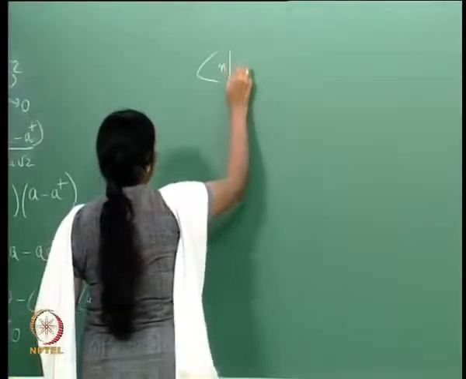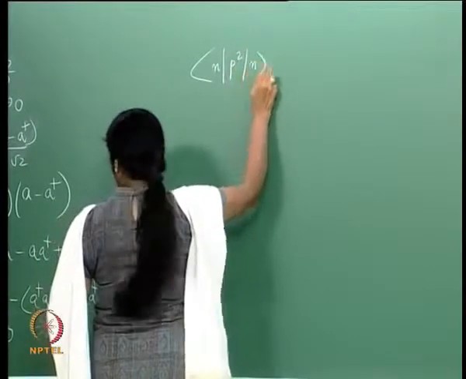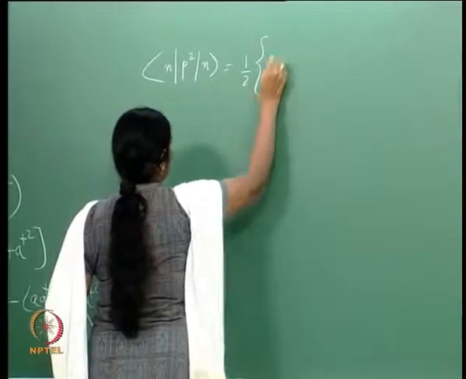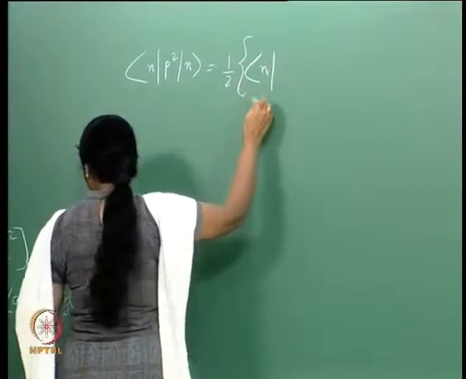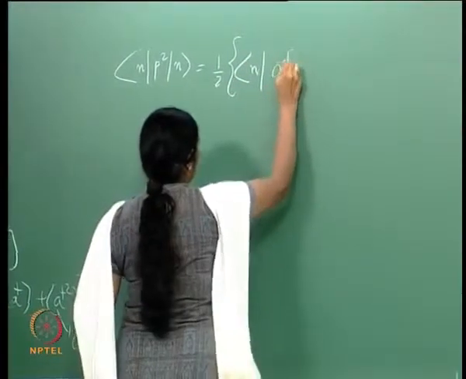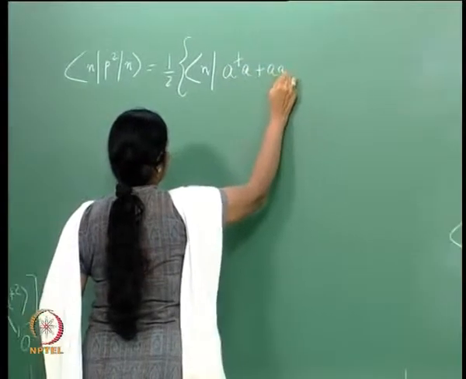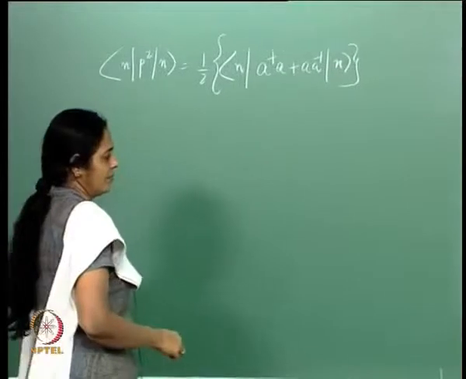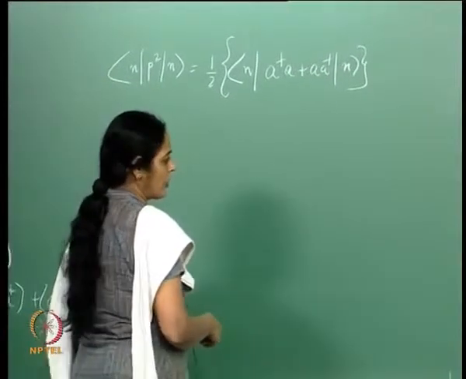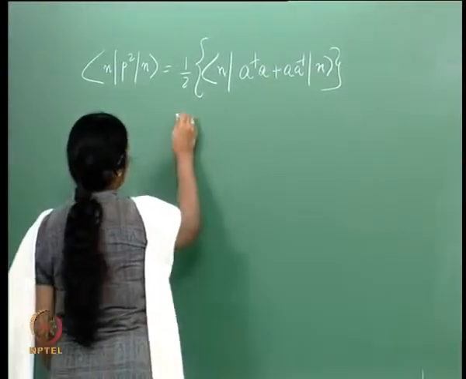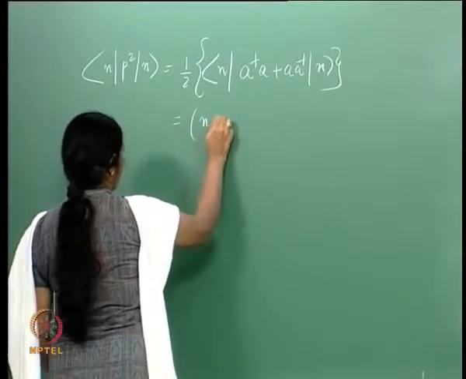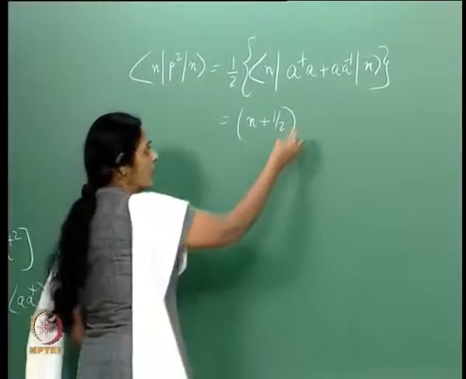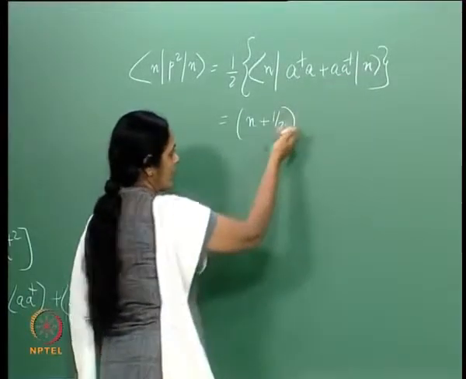So, <n|p squared|n> is half (a dagger a plus a a dagger). But this is precisely what we computed earlier, and this will give me an answer n plus half, because once again I will write a a dagger as 1 plus a dagger a.